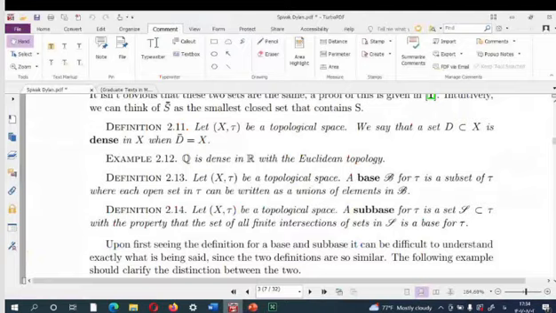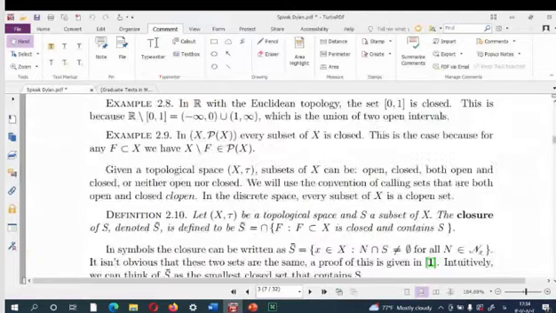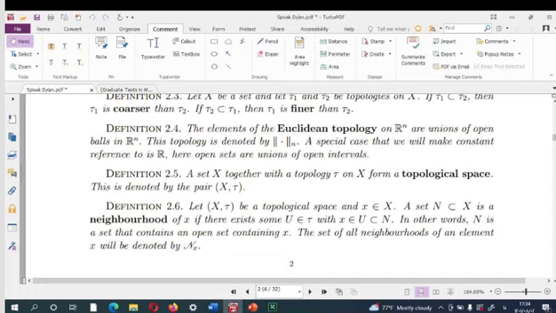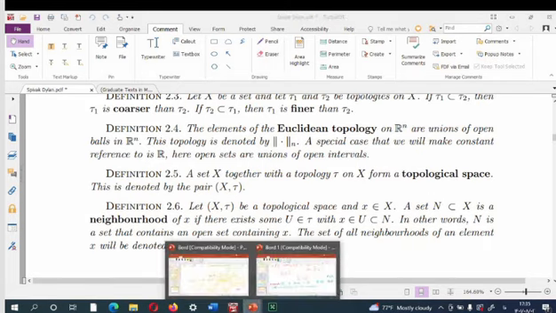Okay, by this definition of neighborhood, X belongs to one open set. In Euclidean topology, you can choose this open set as an open interval.